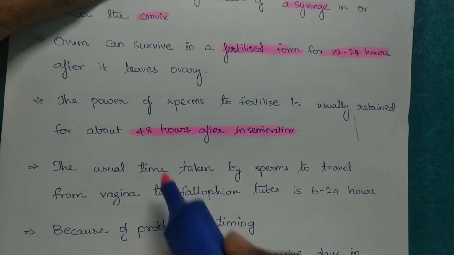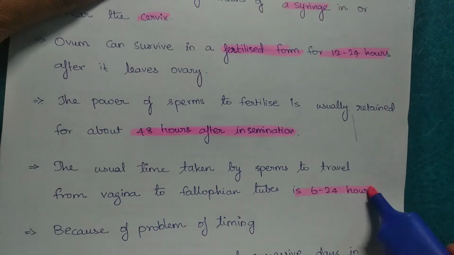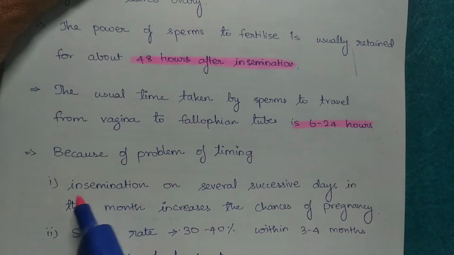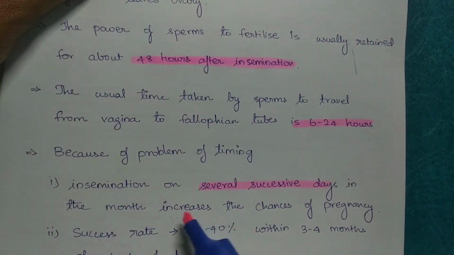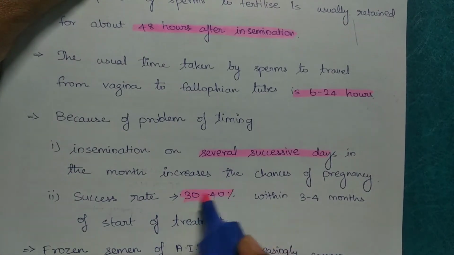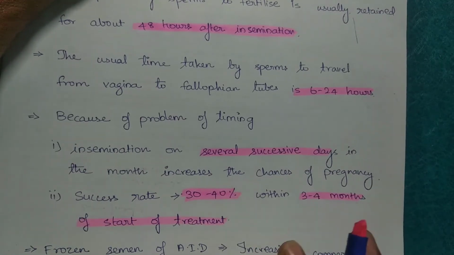The usual time taken by sperms to travel from vagina to the fallopian tube is 6 to 24 hours. Because of this problem of timing, insemination on several successive days in the month increases the chances of pregnancy, and the success rate is only 30 to 40% within 3 to 4 months of the start of the treatment.